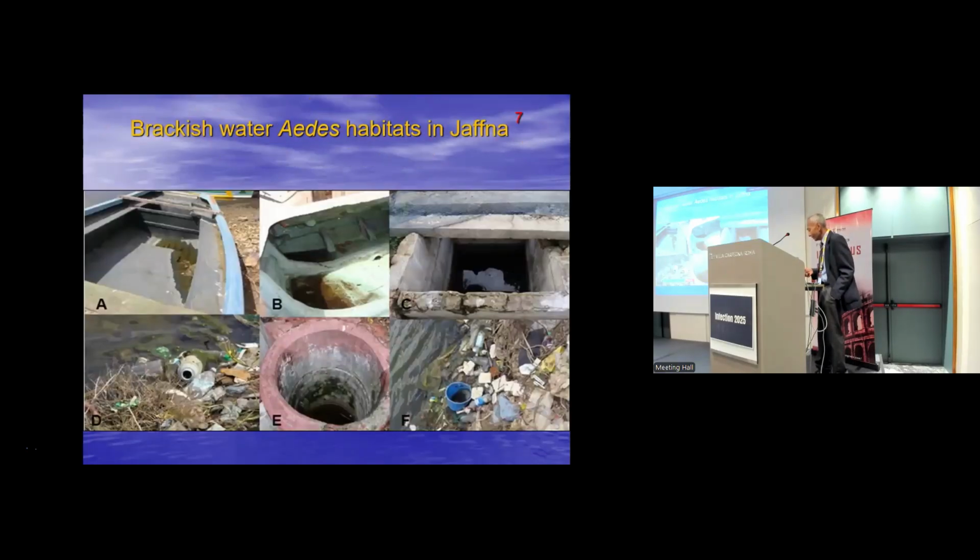Now, the kind of brackish water habitats that we've noticed with Aedes aegypti in the Jaffna Peninsula include abandoned fishing boats, water collected in these fishing boats, abandoned wells sometimes used for washing fishing nets, and coastal debris, plastic and ceramic ware.